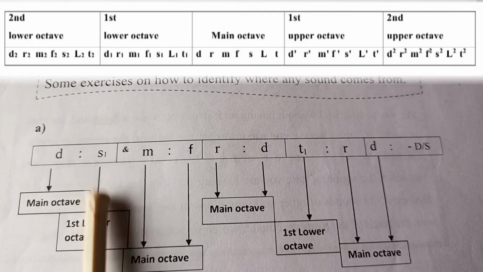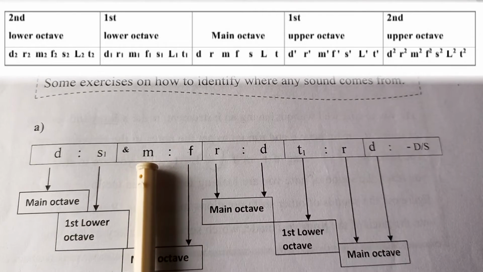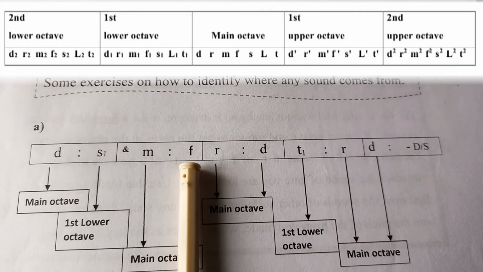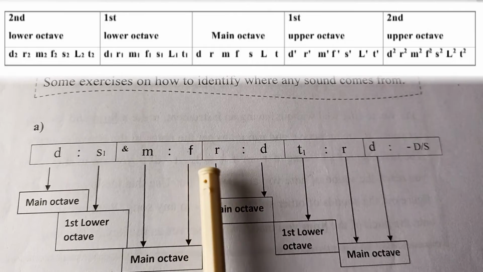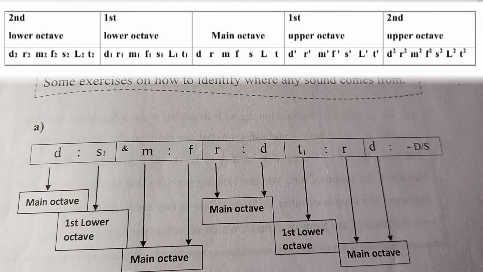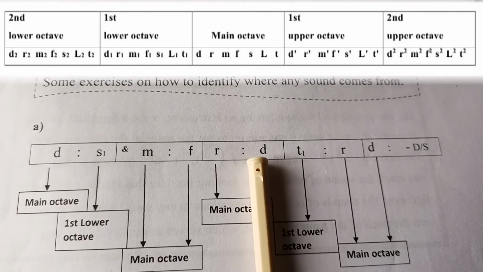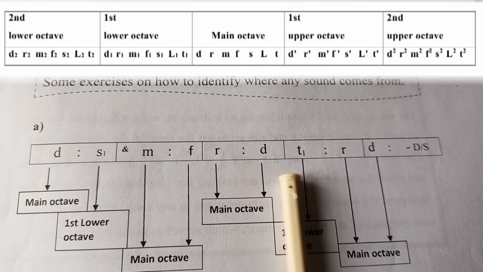There is 1 below, which shows that it is from first lower octave. This one, mi, shows that it's from main octave. This one is fa, from main octave. Re, there is no sign, there is no 1 or 2 or any sign. You have even a third octave, but the human voice cannot reach that place. So you have do, there is no sign, which shows it's from main octave.